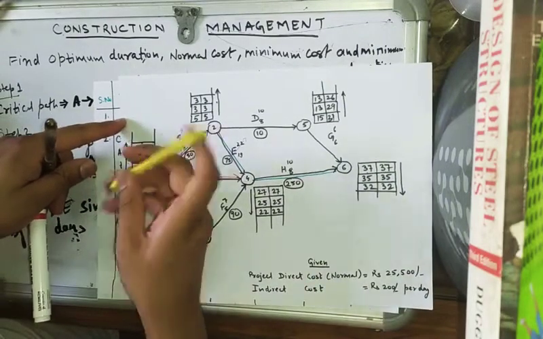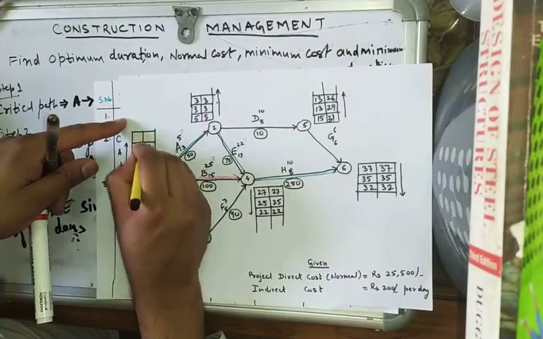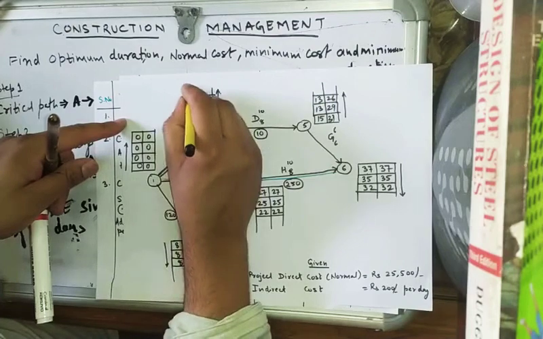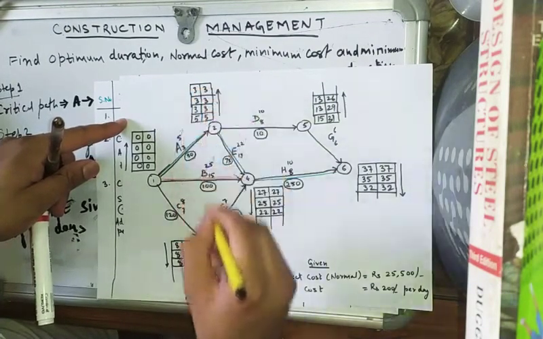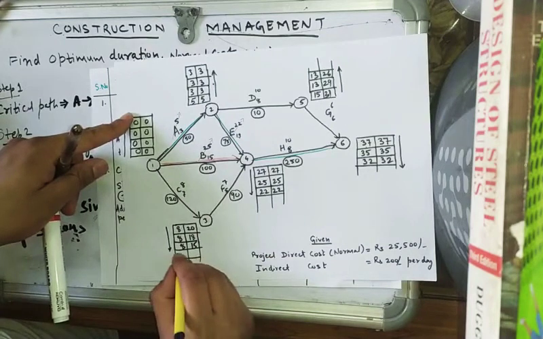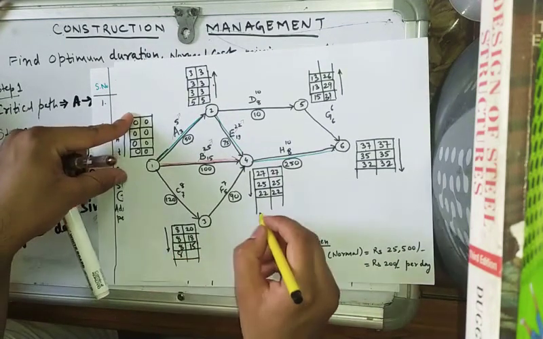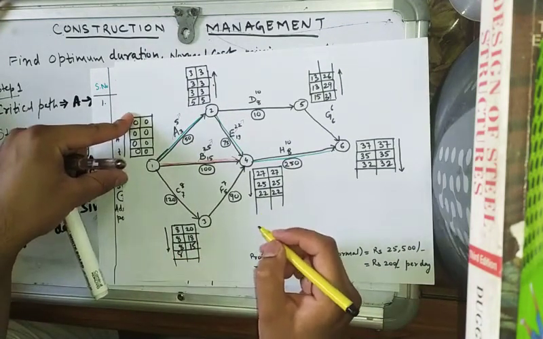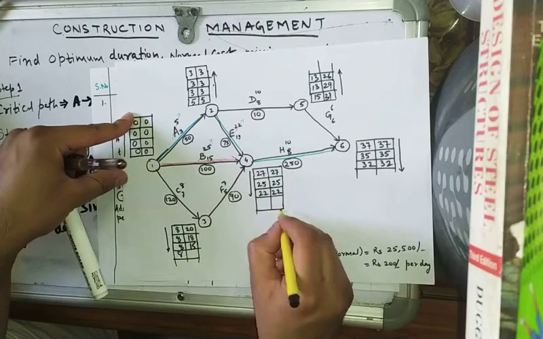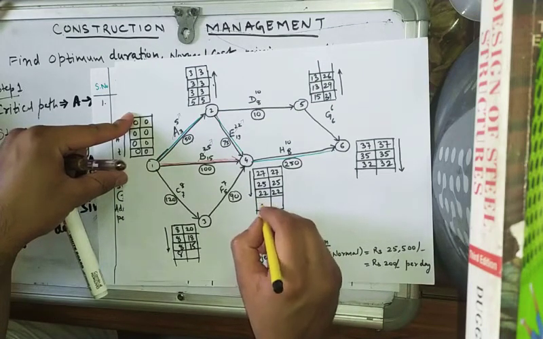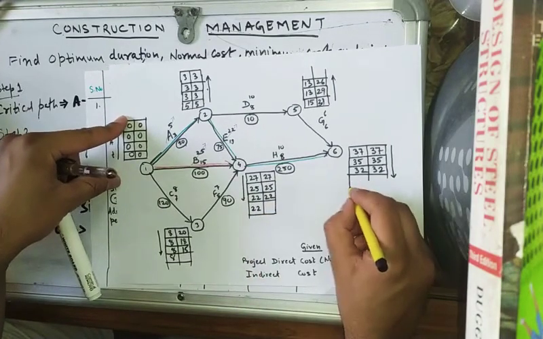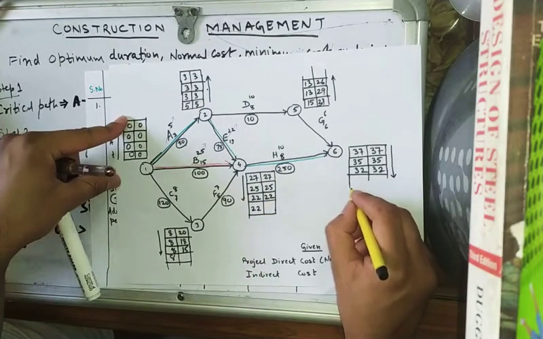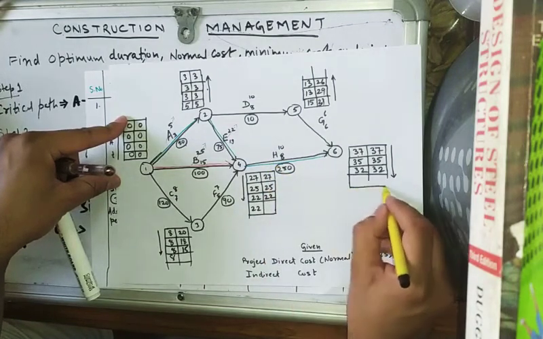We'll quickly calculate the EOT LOT values. So duration is 8 days.